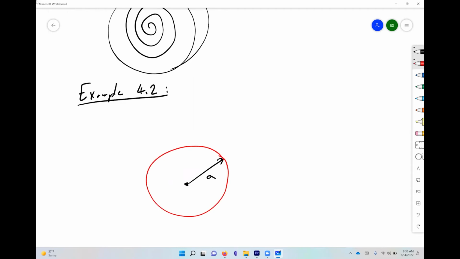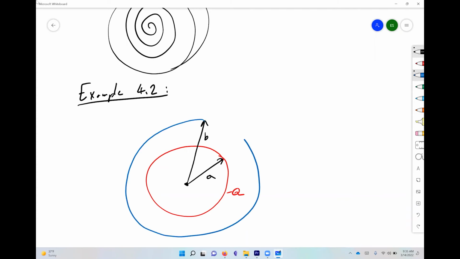Then at distance b from the origin you have a second spherical shell, and this has charge q. Of course, r radially could vary. r could be inside, and r could be in between those two shells.